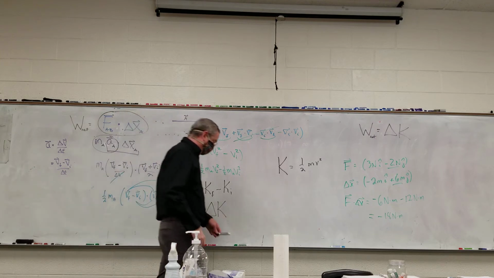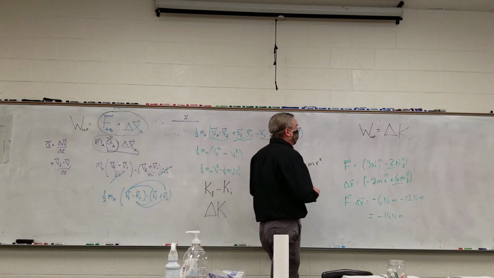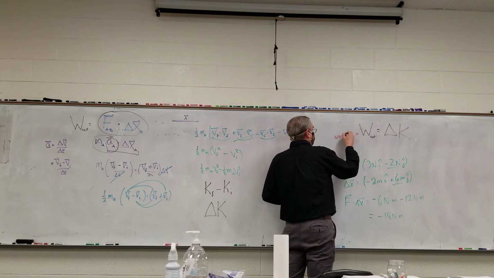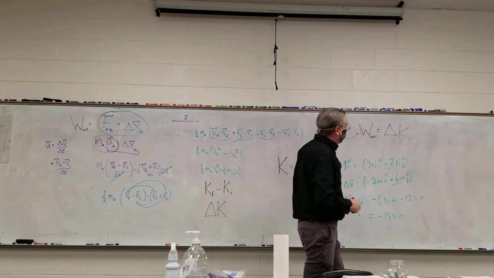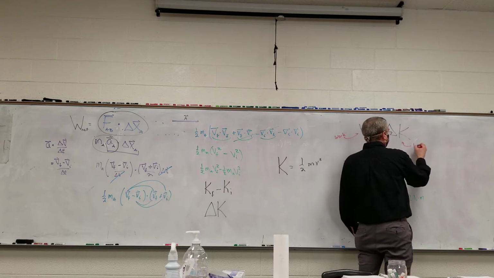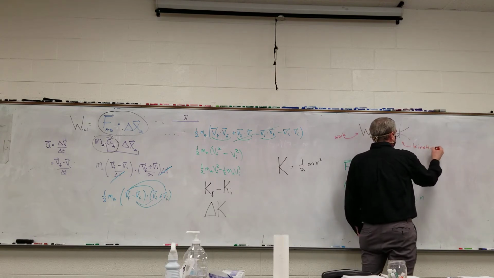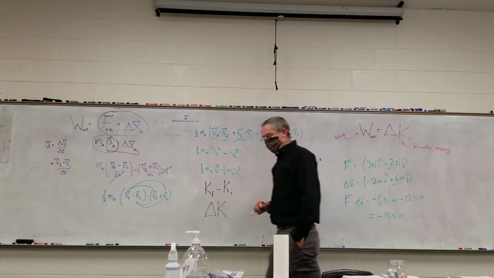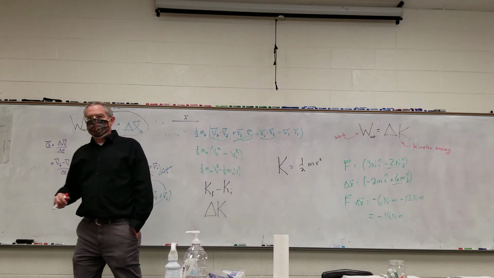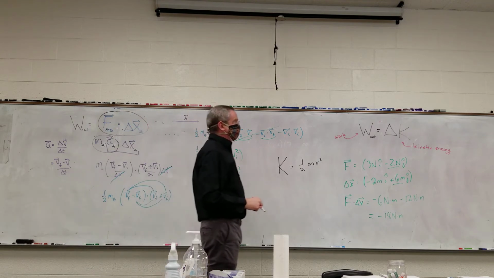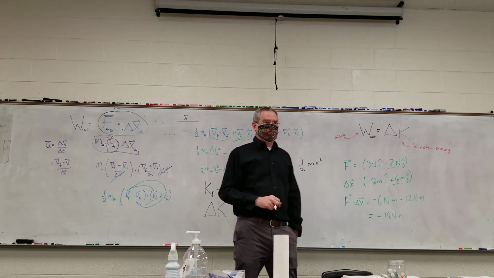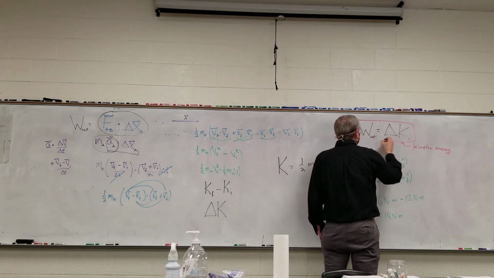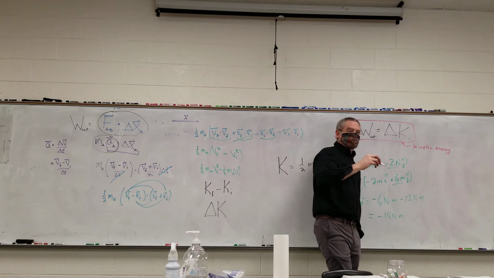And now the vocab. W, this is work. K, this is kinetic energy. The total work done on an object is equal to the change in kinetic energy. This thing right here, I think it's misnamed, but it does have a name.